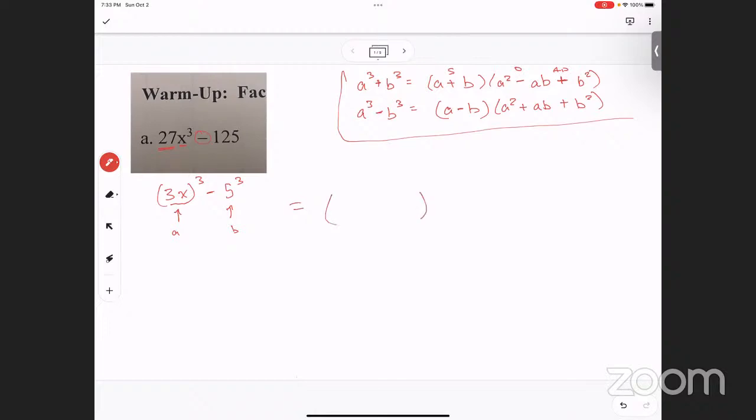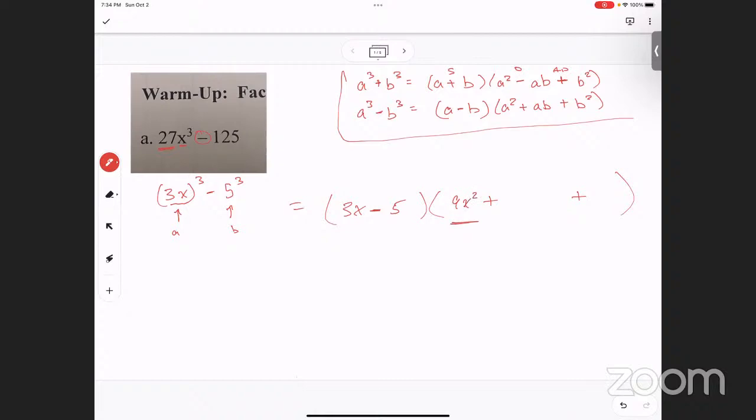This factors into same sign, opposite sign, always positive. And what goes here in this first spot? 3x. And what goes here in the second spot? 5. Good. And what goes here? 3x squared, which would be 9x squared.